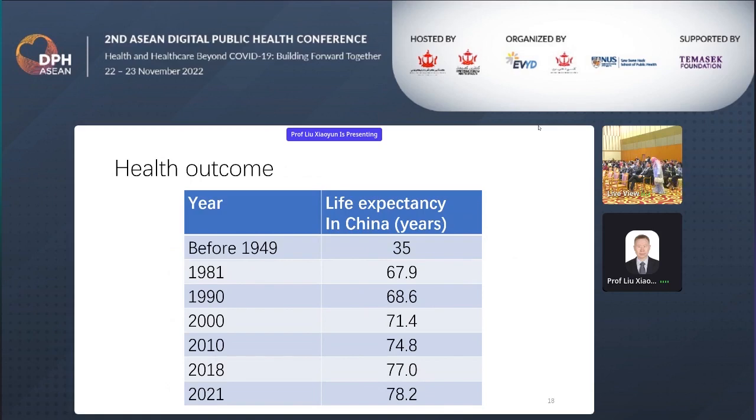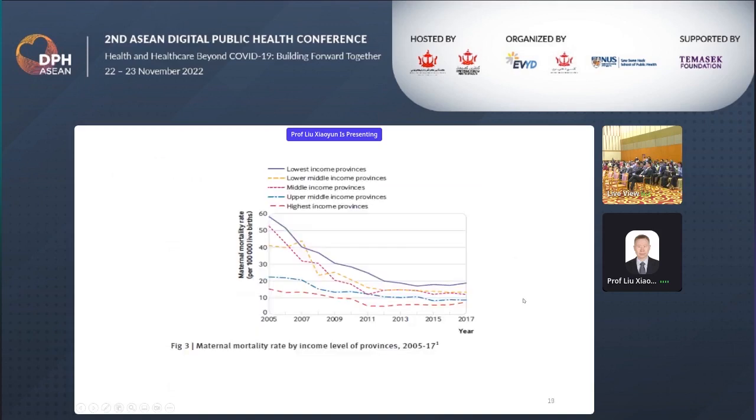This is not only due to the health system reform, but also the overall social-economic development in the last 40 years of the economic reform. And this is the maternal mortality rate by different income levels. We can see there is a rapid decrease of the MMR, maternal mortality rate.